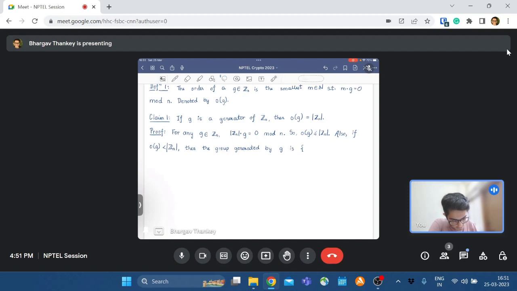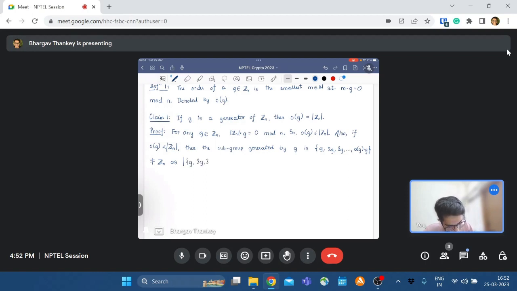Yeah, I should write this subgroup is g, 2g, 3g, all the way to order of g times g, and this is not equal to Zn as the size of the set is smaller.